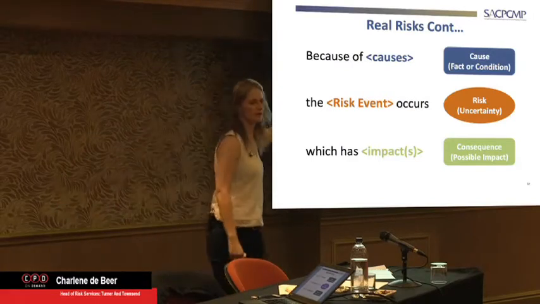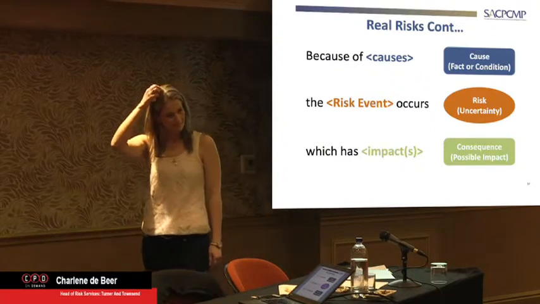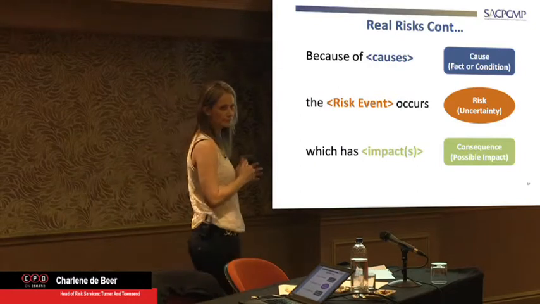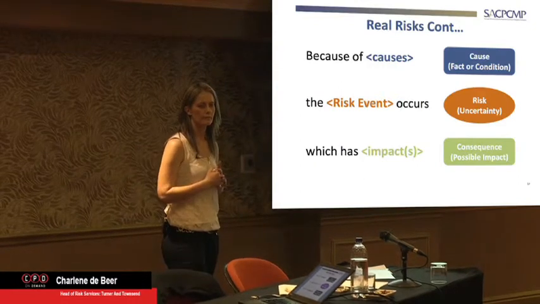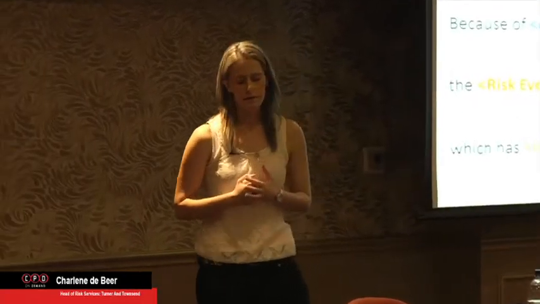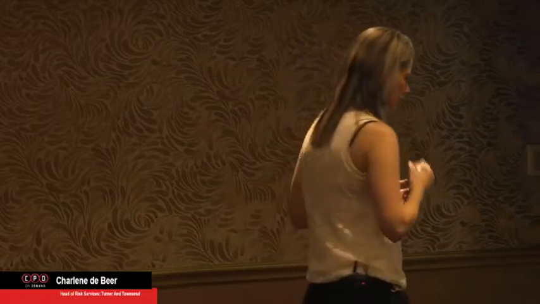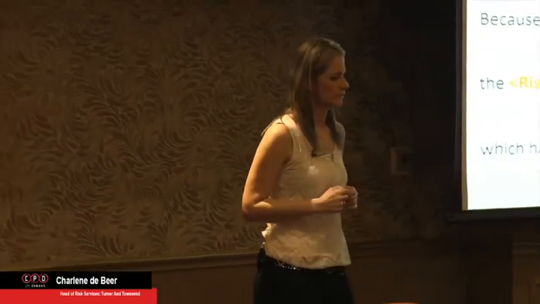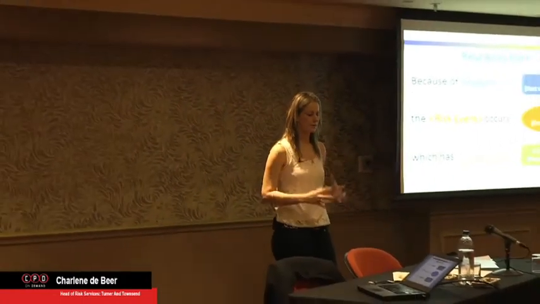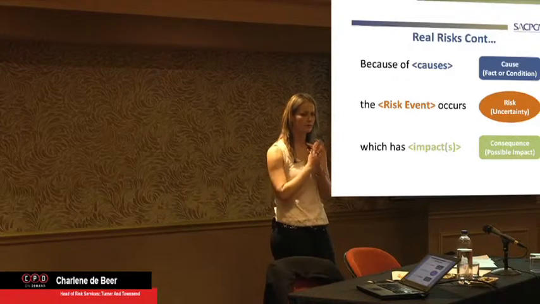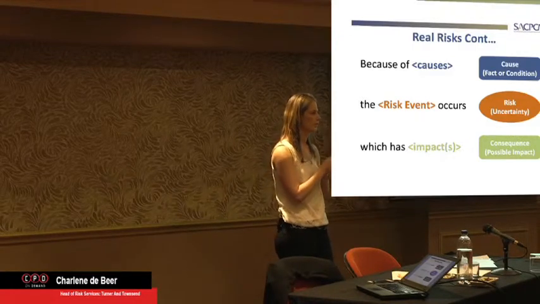Because the risk is not uncertain, I know it's going to happen. So if we unpack it in that format, real risks are based on uncertainty, when you just don't know which way it's going to go.